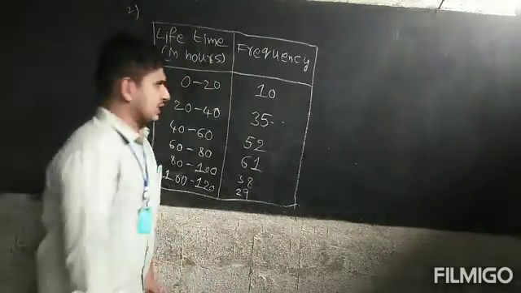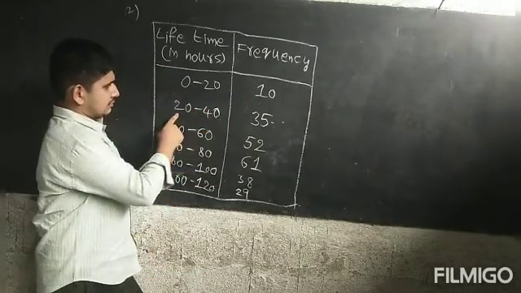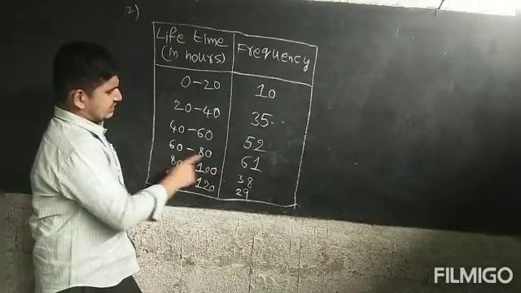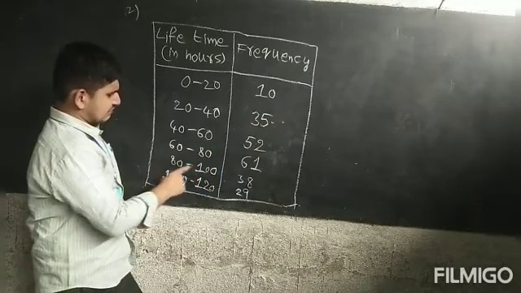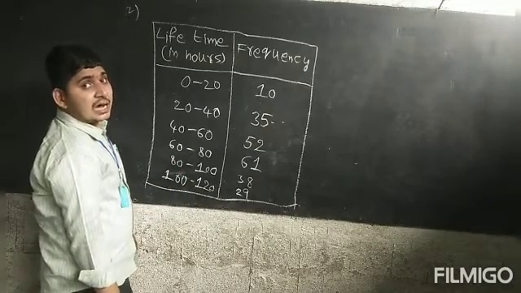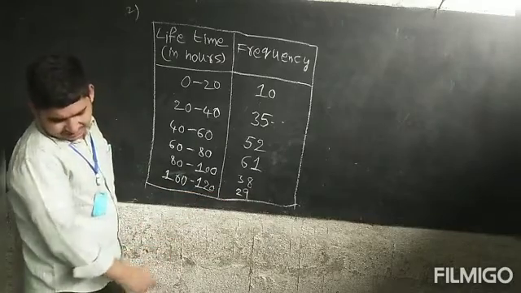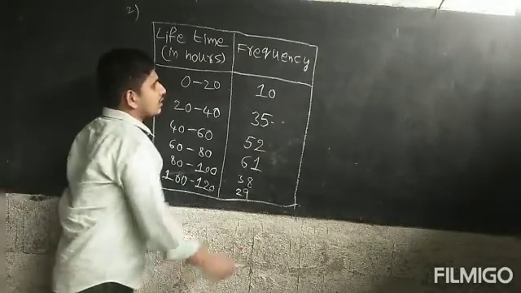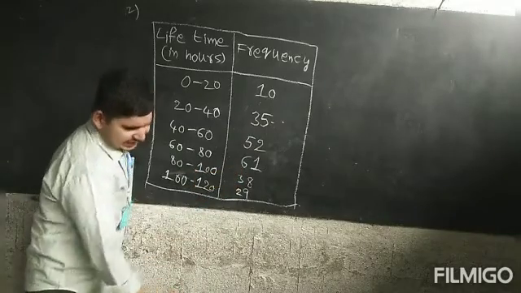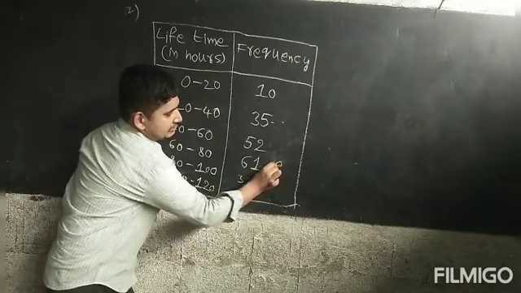The data is 0 to 20, 10; 20 to 40, 35; 40 to 60, 52; 60 to 80, 61; 80 to 100, 38; 100 to 120, 29. In this, the highest frequency is 61, so this is F1.